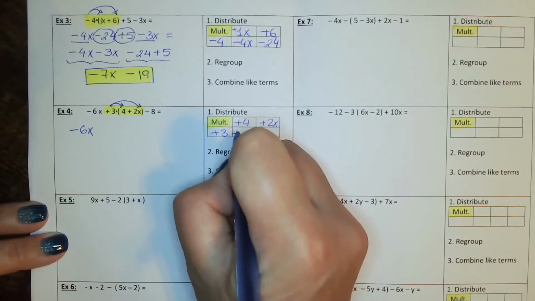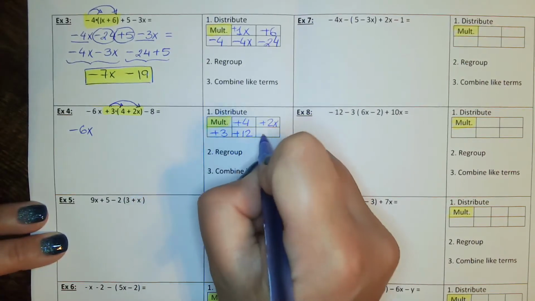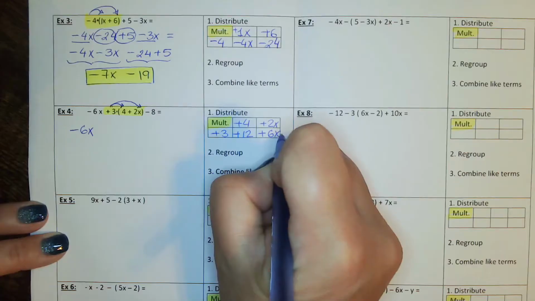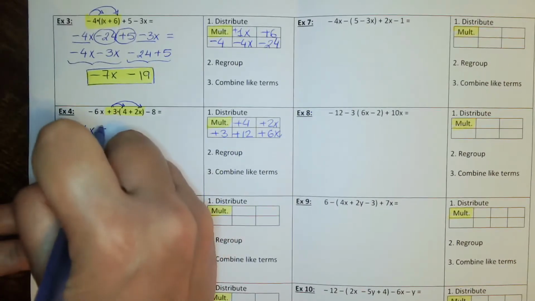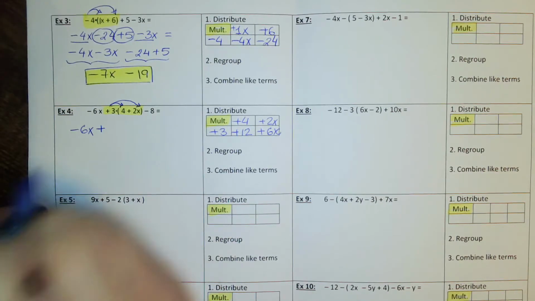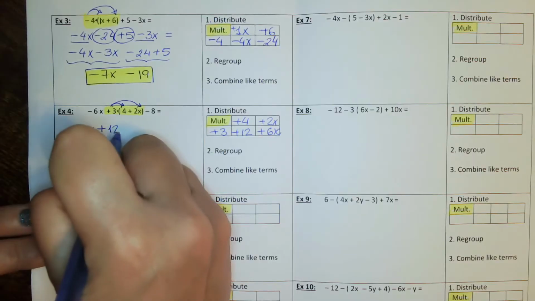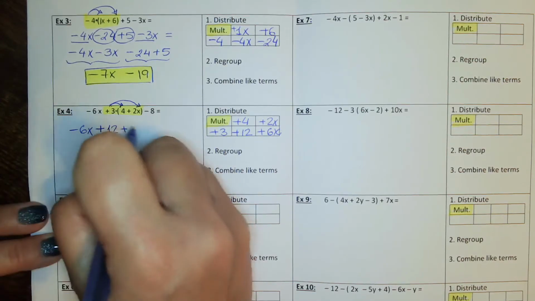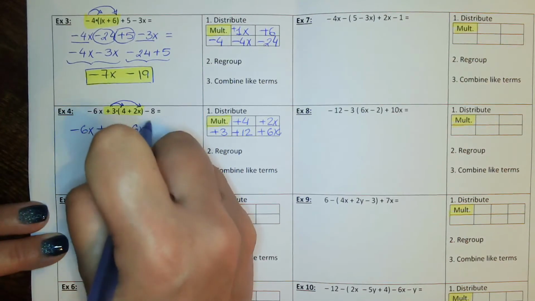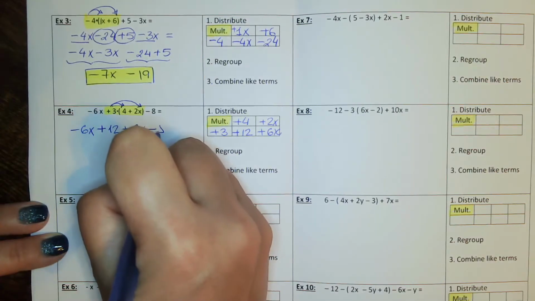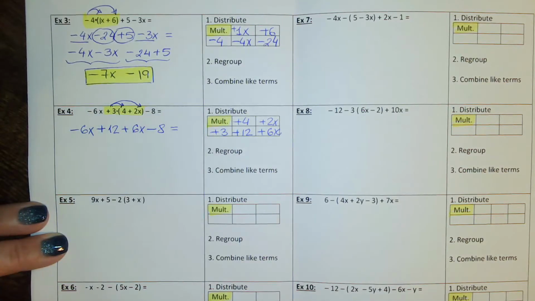Positive times positive, positive 12. Positive times positive, positive 6x. So the answer for my distribution is positive 12 and positive 6x. Now don't forget, bring down the last term.